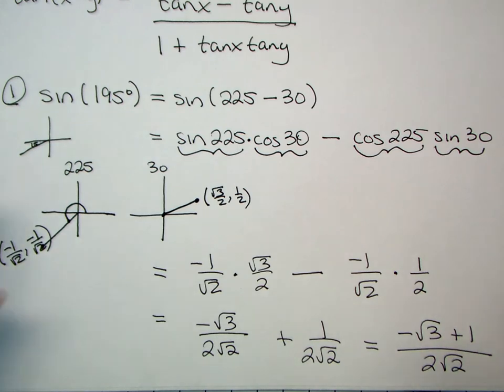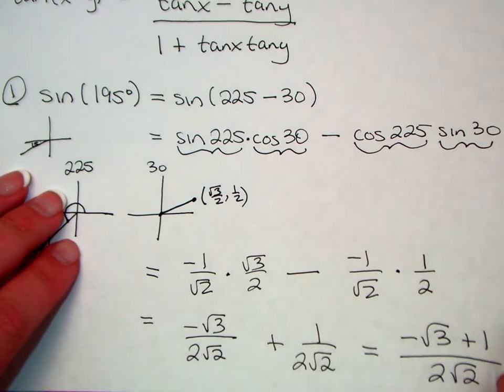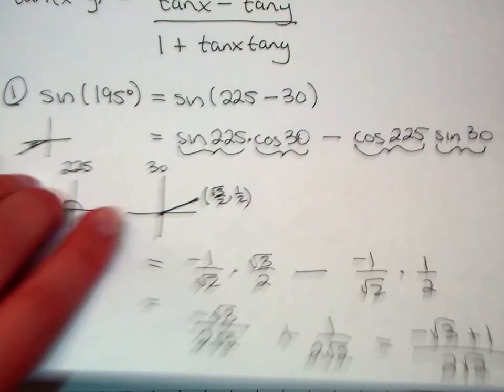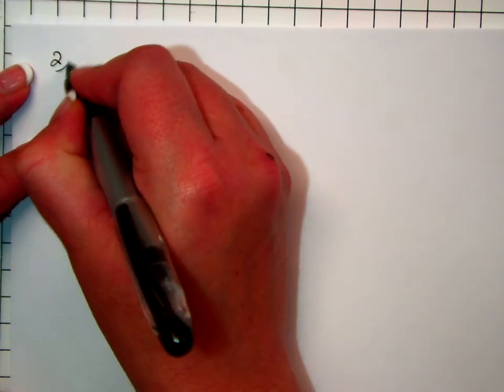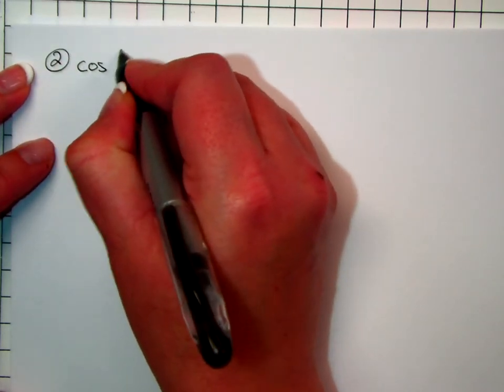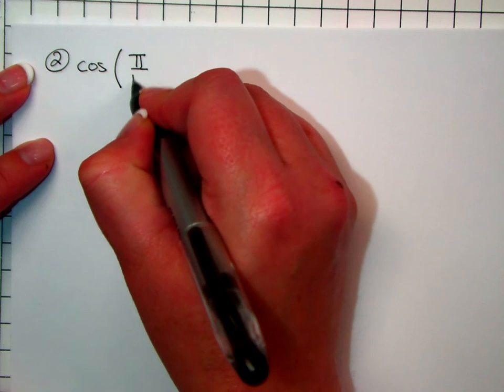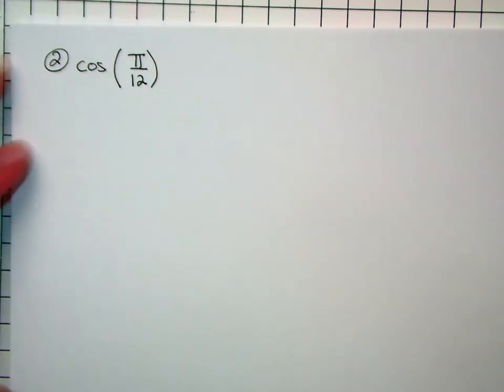Okay, let's try another one, but in radians. So let's do cosine of pi over 12. We have pi over 6, pi over 4, pi over 3.